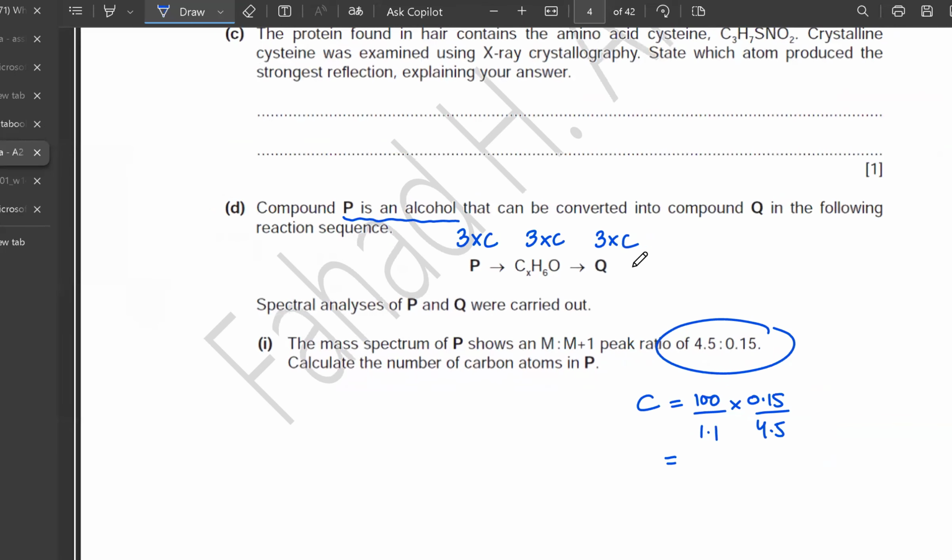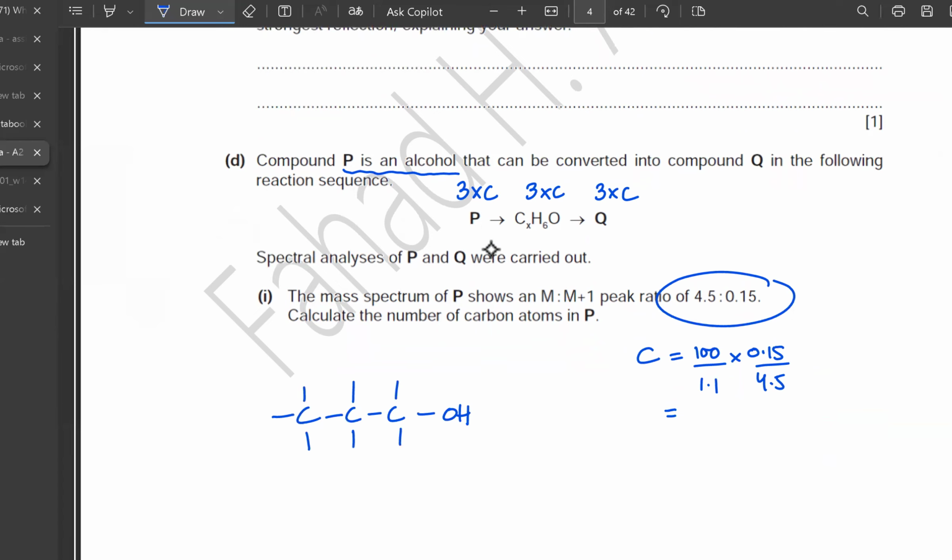It's either going to be a primary alcohol like this, maybe there's a double bond, maybe there's no double bond, or it might be a secondary alcohol. You can't have any more structures apart from these two. Is that clear? Ignoring that there might be a double bond because he didn't mention anything about the double bond.